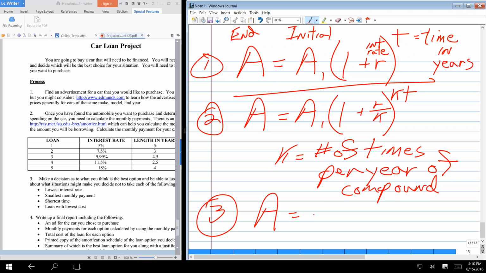A is equal to A-naught, the starting amount, times E to the RT, E being the number E. And this is for continuous compounding.